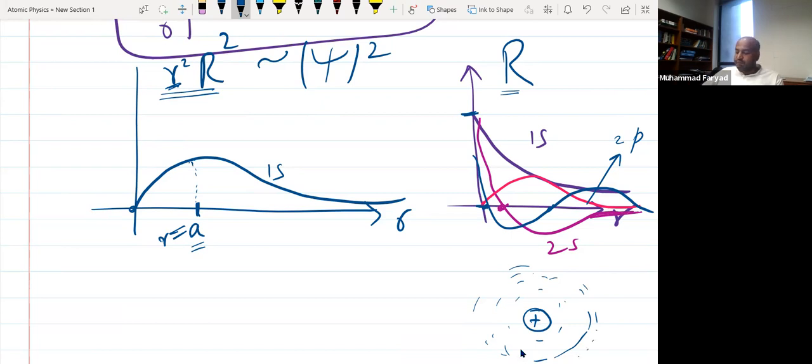All we can do is talk about the probability of finding it somewhere. So for the 1s orbital, the electron can be found anywhere from r is equal to 0 to infinity. The only thing is it has a maxima somewhere over here at a distance of r is equal to a, where the probability of finding it is maximum, but it can still be found at a distance smaller than a and at a distance larger than a.